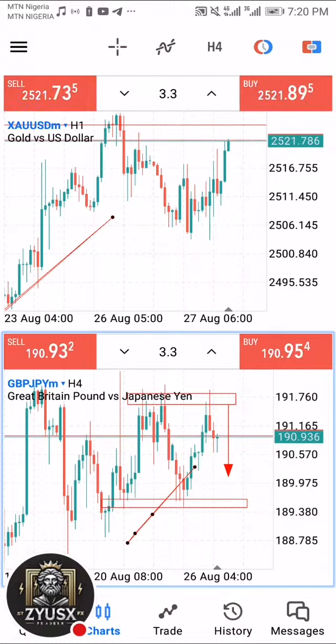But don't be eager to trade every time or every day. Not every time you open your chart, your MT5, your MT4 platform, your TradingView platform, should you trade. It's okay to just sit on your charts and watch what the market is doing.